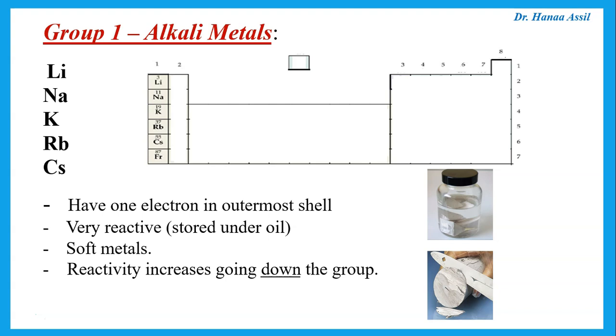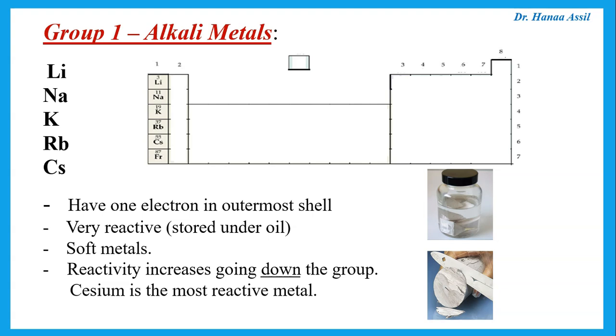Remember that reactivity increases going down the group. We said the one at the bottom of the group is much more reactive than what's on top. We say that cesium is the most reactive metal. Remember, we ignore francium completely because actually francium is in that group because it has 1 electron in its outermost shell, but it actually has different characteristics from group 1.